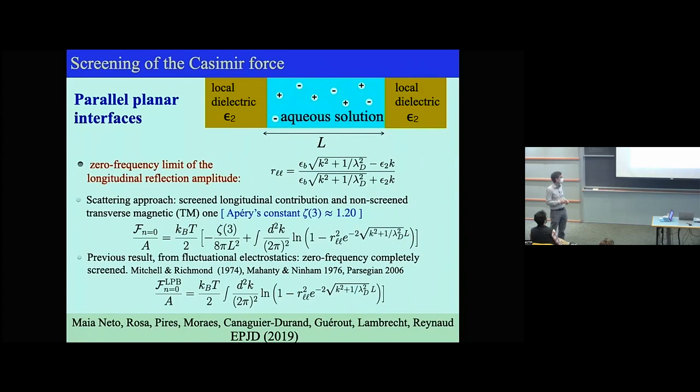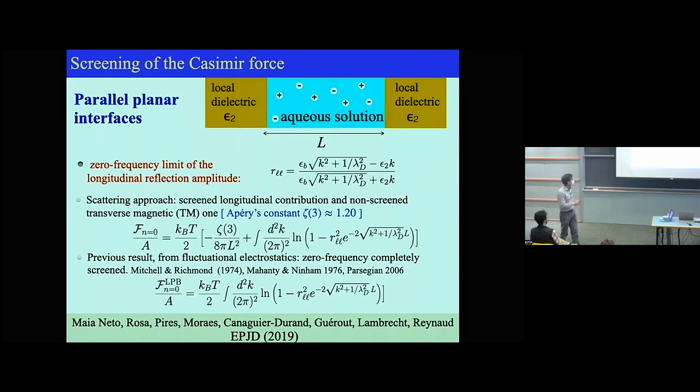There was a coefficient here in these papers, and here we see that this coefficient is really the reflection coefficient of longitudinal modes at the limit of zero frequency. And this contribution is really suppressed if I take L much larger than lambda D, because this is going to be 0, and then I have a log of 1. So this is really screened like the electrostatic interaction.